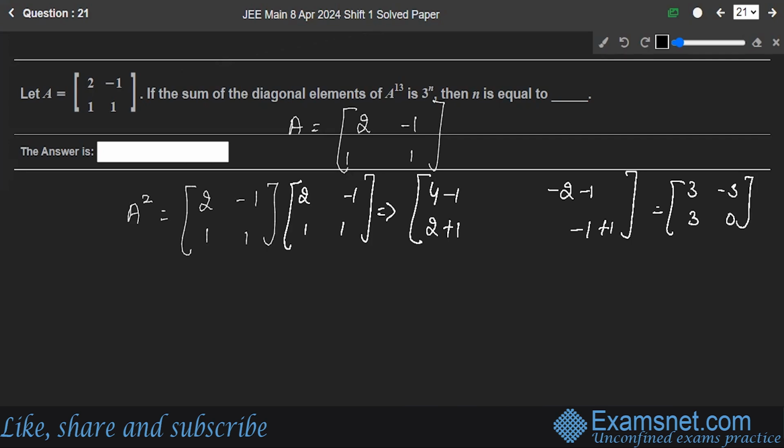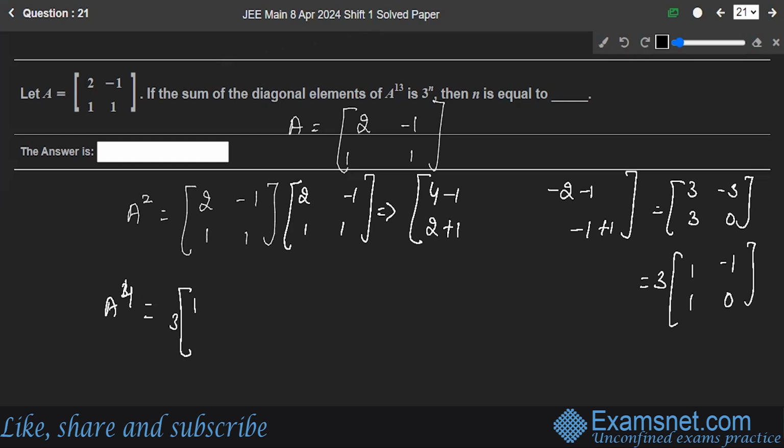So what will be A cube equal to? I don't need A cube. Let's jump to A power 4, I think that will be better, right? And A square can be written as 3, 1, 1, minus 1 and 0. So what will be A power 4? This will be A square into A square.